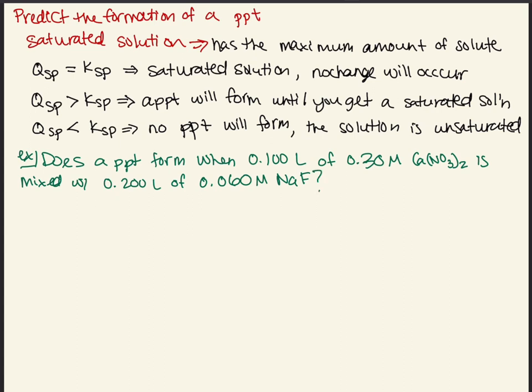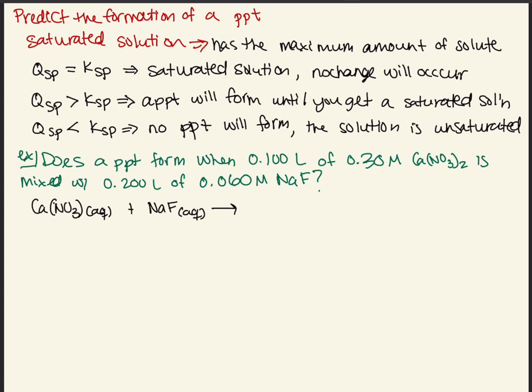So the first thing I want to do is figure out if a precipitate will form. Well, I need to know which precipitate will form. So when I look at the reaction between calcium nitrate and sodium fluoride, it will form two salts.